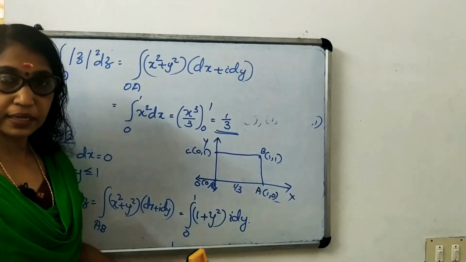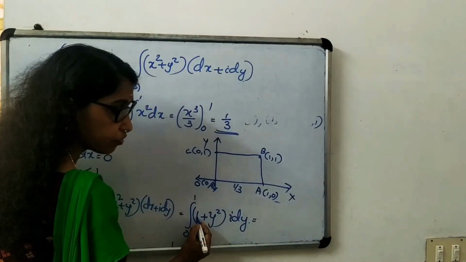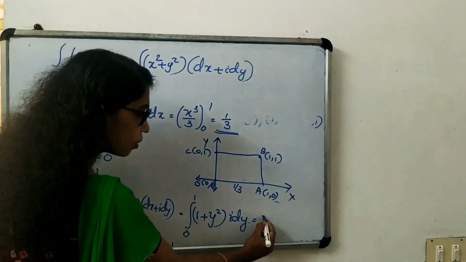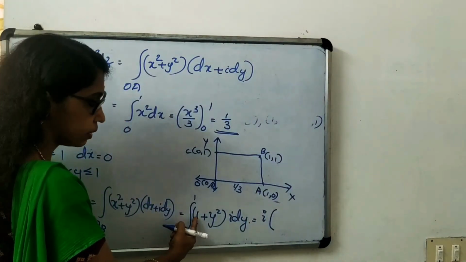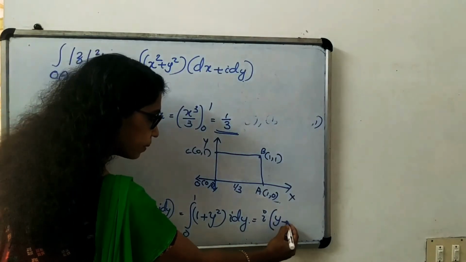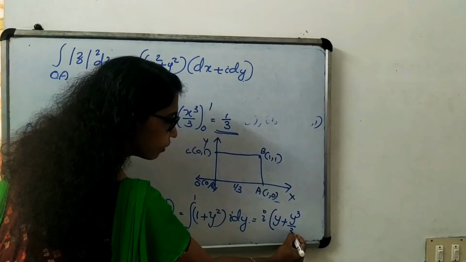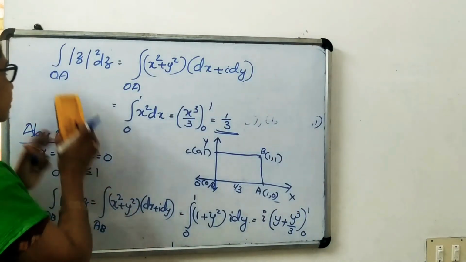Now we have to integrate this. Okay, on integrating, the integral of 1 with respect to y is y. i is a constant, so I am taking i outside. i into y plus the integral of y square, which is y cube by 3, within the limits 0 to 1. And what is the answer?